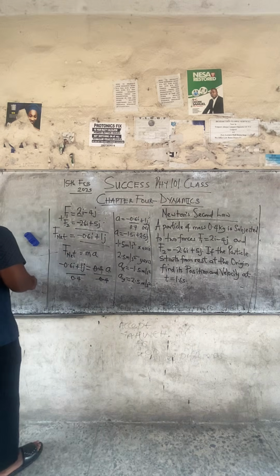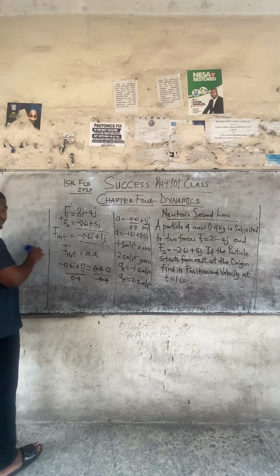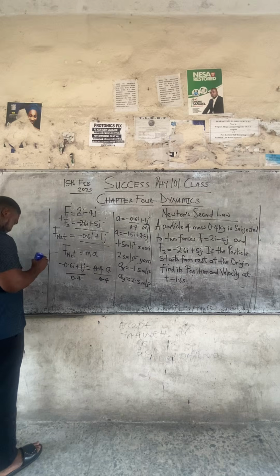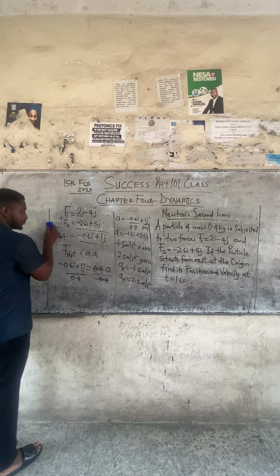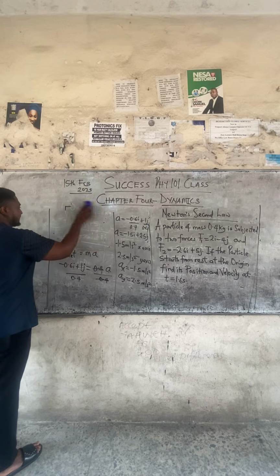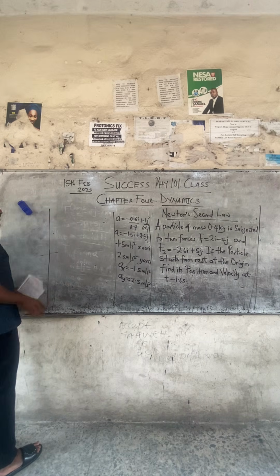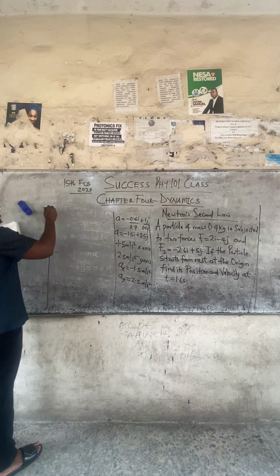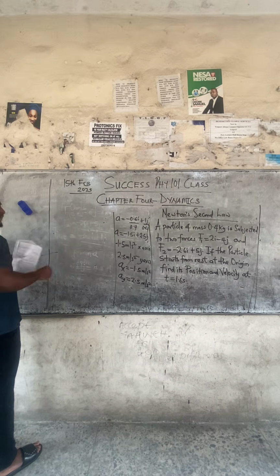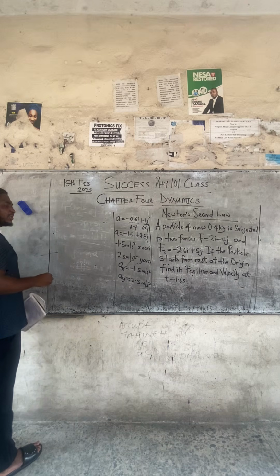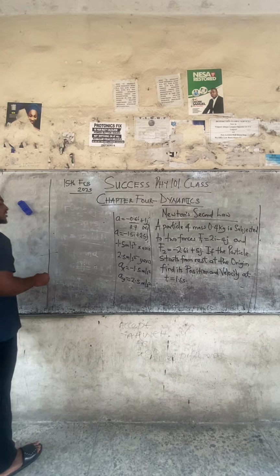I need to get the position and the velocity at 1.6 seconds.